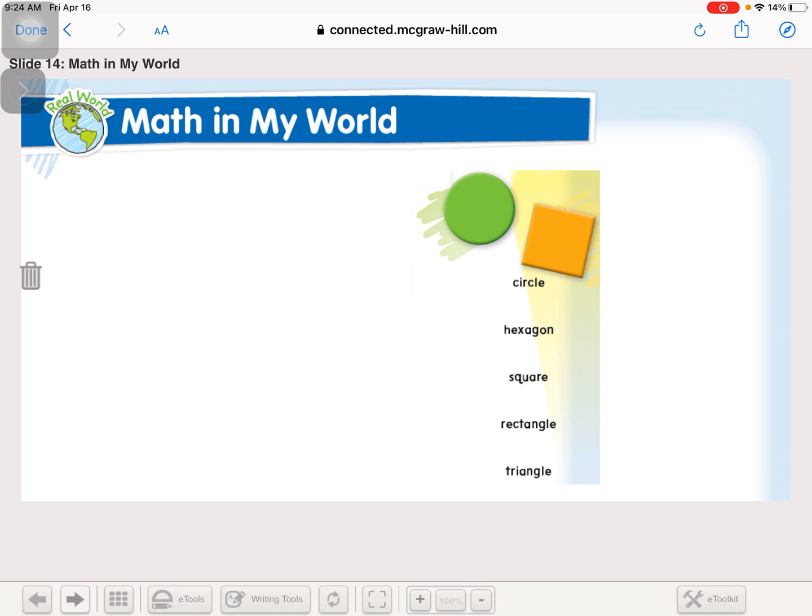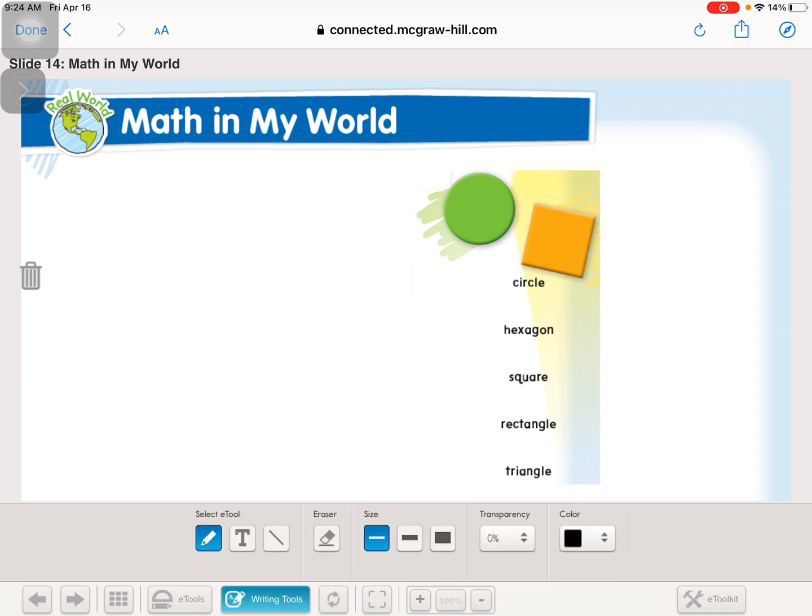You might be able to find some things to trace if you wanted to. If you could find something that has a small circle, like the top of a marker or something like that, you could totally do that. But I want us to look at these shapes and make sure that we know what they are, that we have that vocabulary, so that we are able to complete our independent practice today.